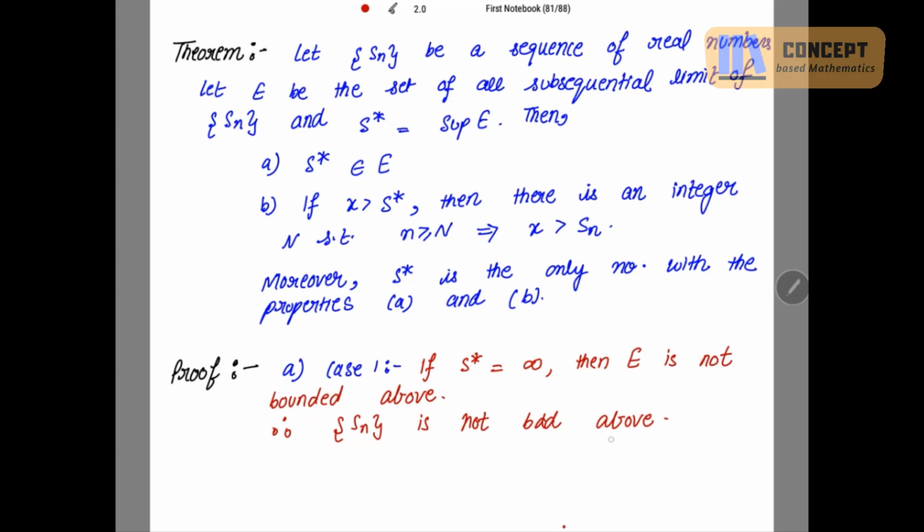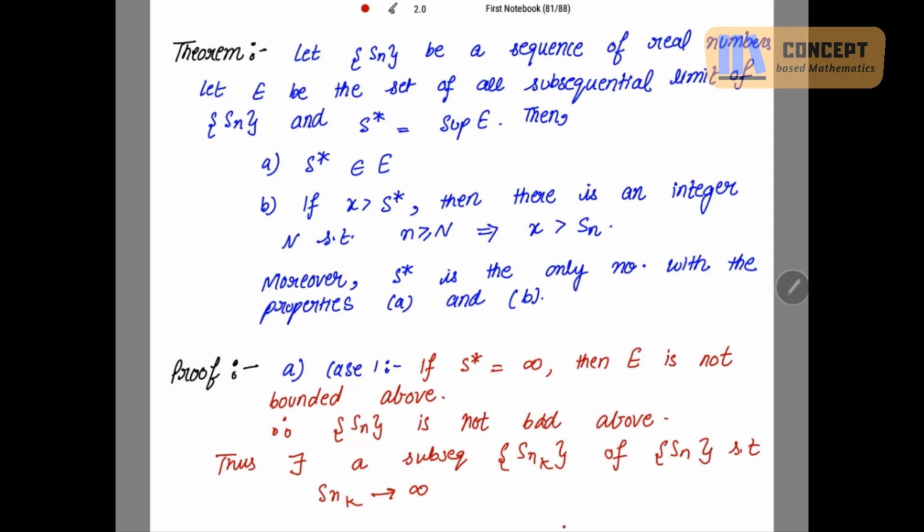So if Sn is not bounded above, there exists a subsequence for this Sn. Thus, there exists a subsequence, say Snk of Sn, such that this subsequence is also tending to infinity.